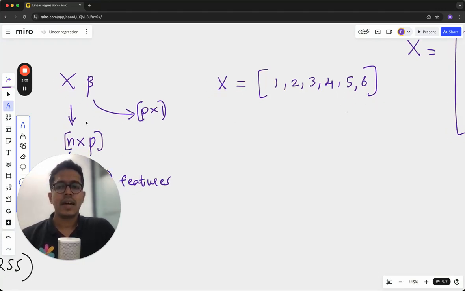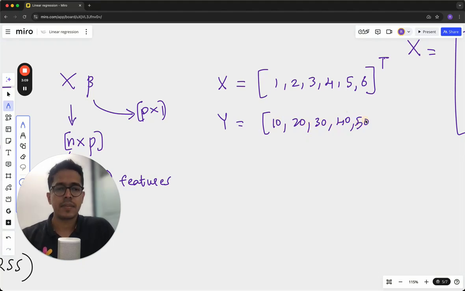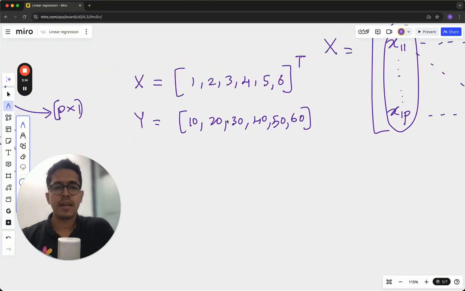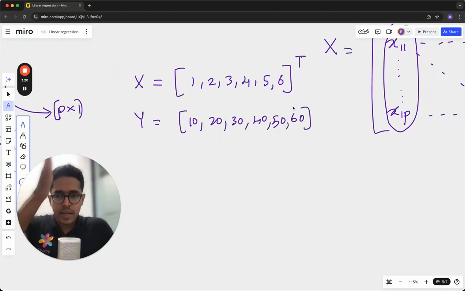We said x is n by p, which means I should write this as a transpose of this. And let's say the prediction y is 10, 20, 30, 40, 50, 60. The dimension of y should be n by 1, so it should be a column. Here also I'm putting transpose.